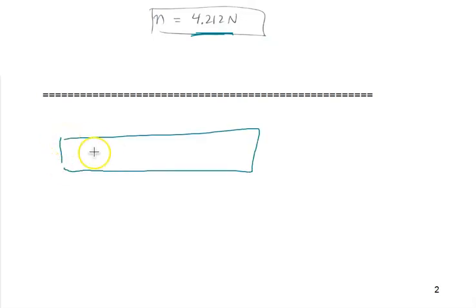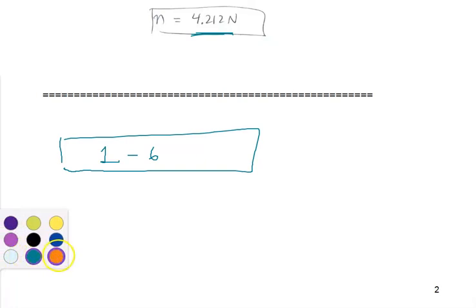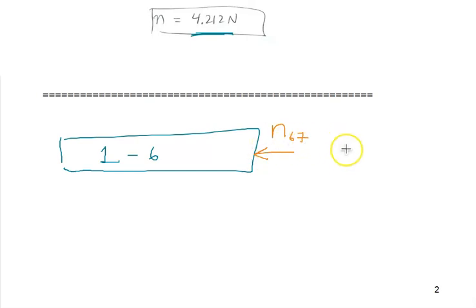grab carts 1 through 6, and then the normal between cart 6 and 7 is an outside force because cart 7 is not part of your system. And then we would know that what we get, 12.64, is an outside force because the person's not part of the system.